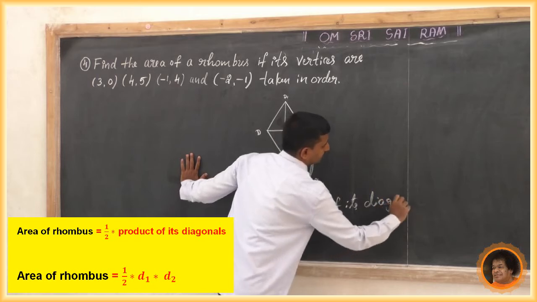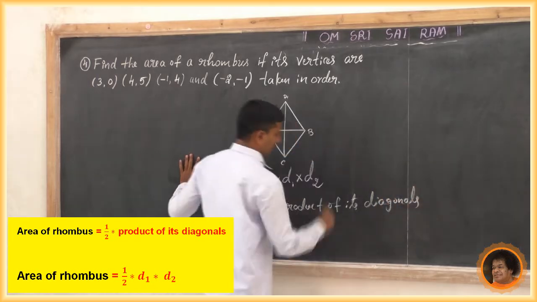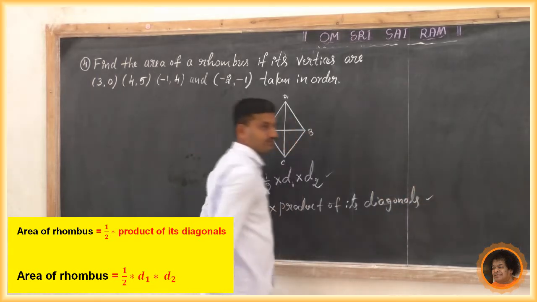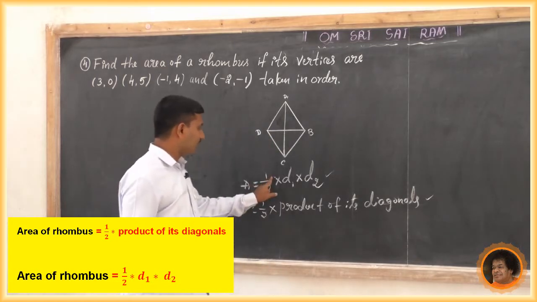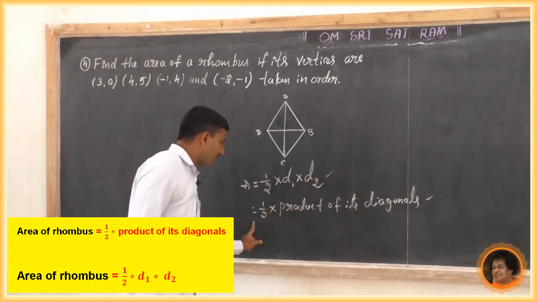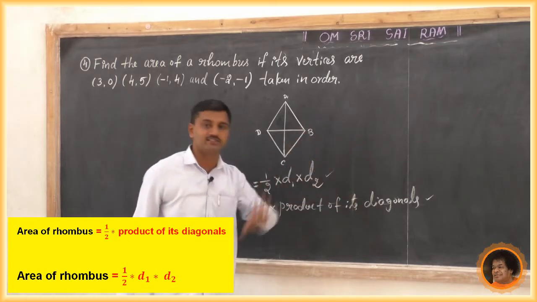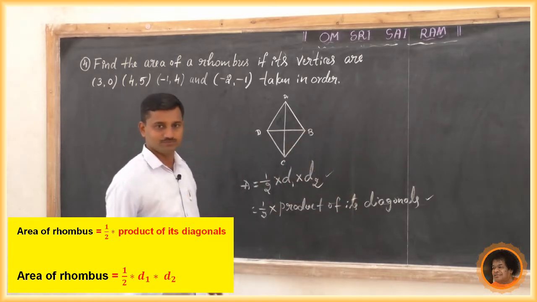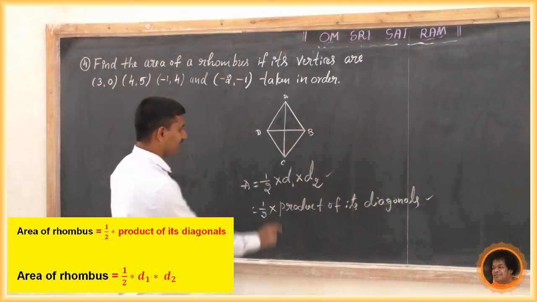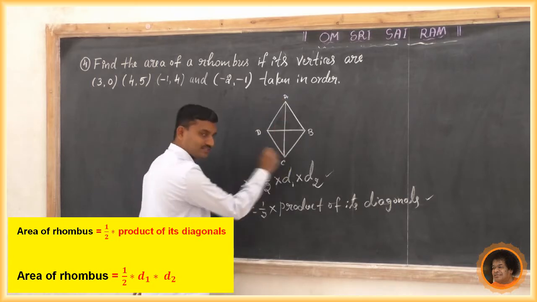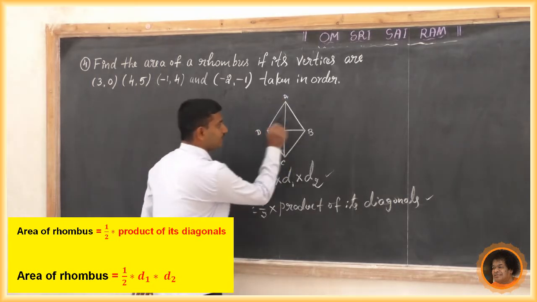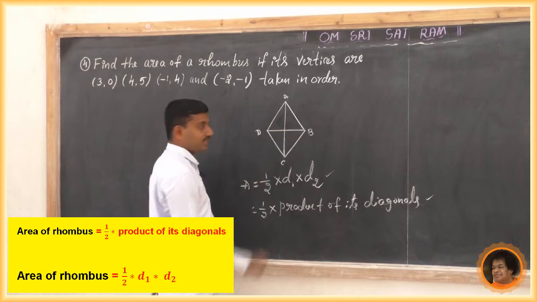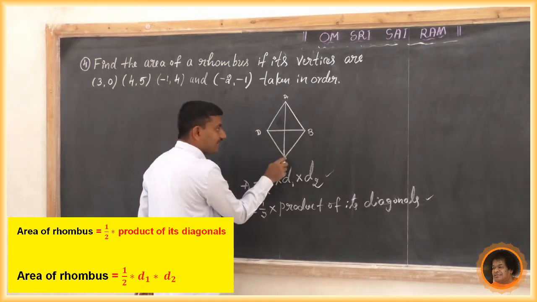Either this formula or that formula, one and the same. What to do? So first find D1. D1 means the first diagonal and D2 means the second diagonal. AC, first find AC. How to find AC?